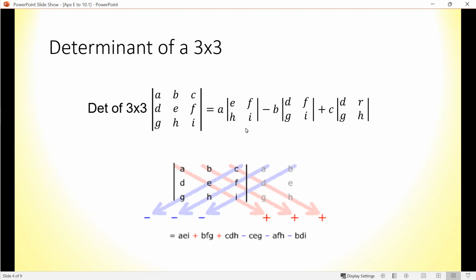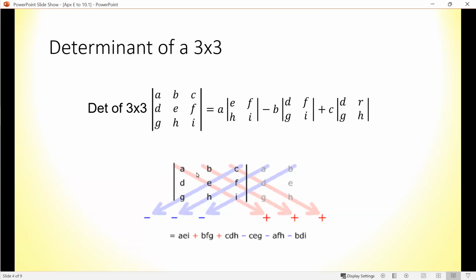Another method that maybe is easier for you to see visually, or maybe not, you get to choose your method, is where we extend our matrix. Notice we take the first two columns and add them on to the end, and then we multiply diagonally.